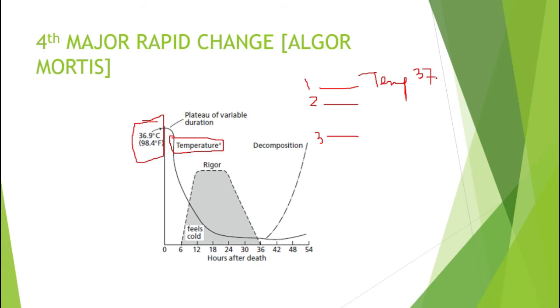The second assumption is that the body has lain in a thermally static environment. Thermally static, what do you think it means? I hope that you have all guessed it right. Thermally static means that the temperature of the environment in which the body was placed did not change significantly, and this assumption is also not very correct.